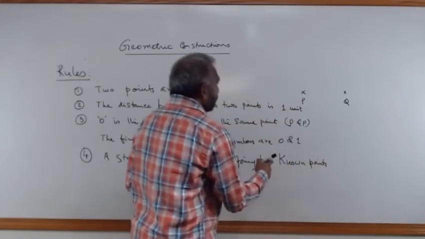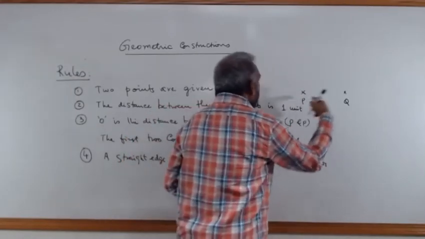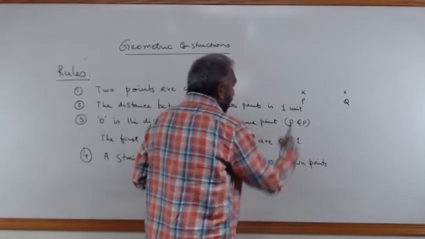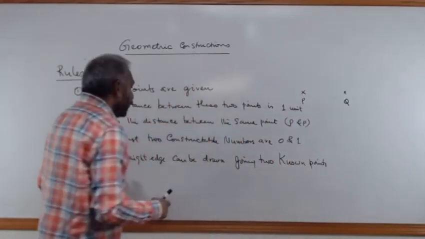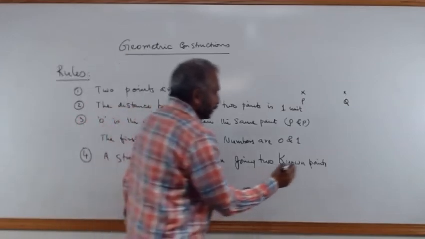Known points mean we are going to find some more points using these rules, and you can take any of those points and draw a line.